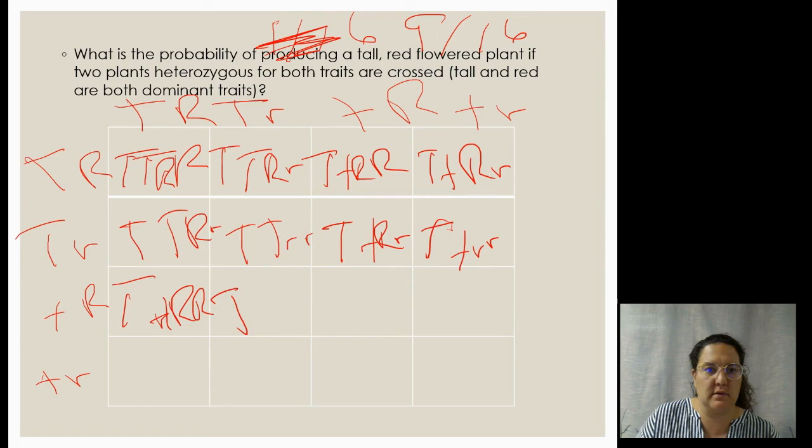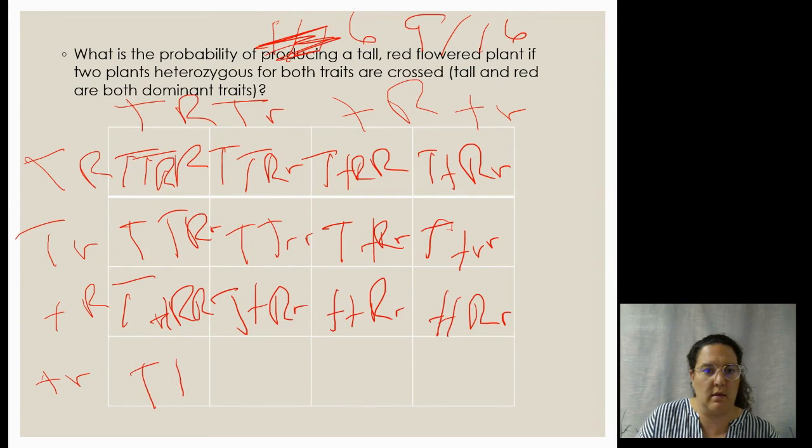That one is. That one is. This one is not. And that one is not. Oops, I kind of messed up there. But that one is tall and red flowering. It's a capital T. So that one's not.